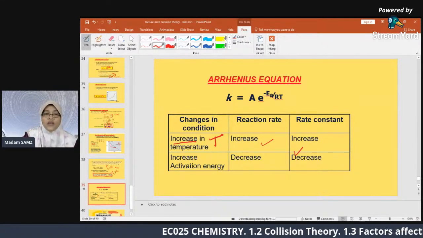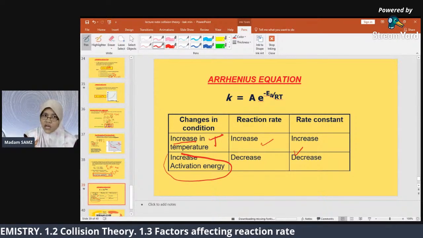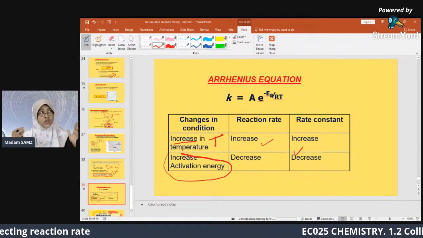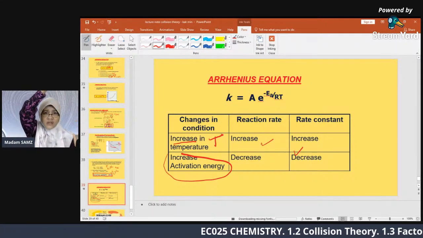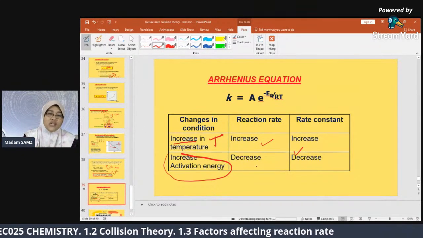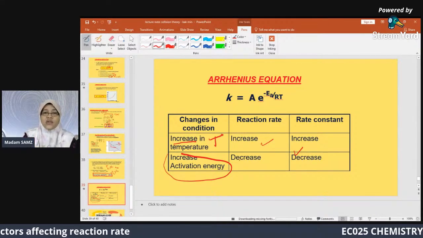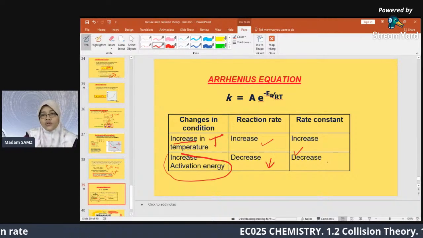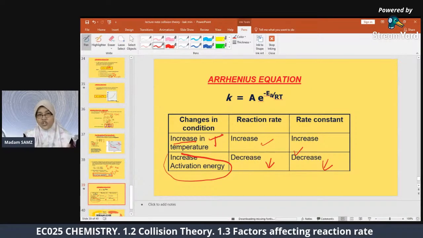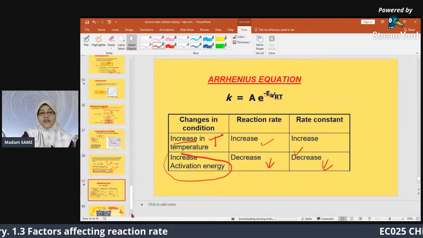But if you increase the activation energy, activation energy ni kalau ditingkatkan, maksudnya susahlah reactant tu nak mencapai produk sebab dia kena panjat tinggi bukit barulah boleh form a product. Okay, so when you increase the activation energy, actually it will make the reactant difficult to achieve the activated complex. So here the reaction rate will decrease, rate constant also decreases. So I hope you understand this lecture of collision theory and reactions, the factor affecting reaction rate.